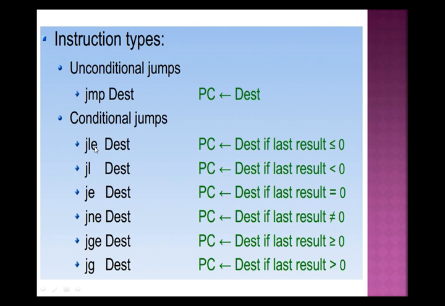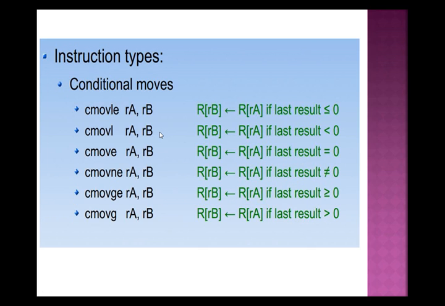So LE is used for less than or equal to, L is used for less than, E is used for equal to, NE is used for not equal to, GE is used for greater than or equal to, and G is used for greater than. So these are the multiple conditional jump instructions that are available in the Y86 processor. This is your conditional jump.